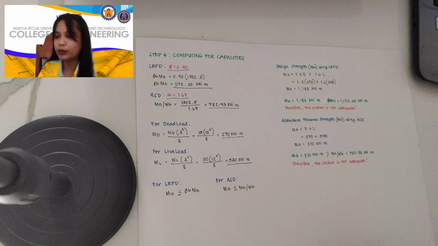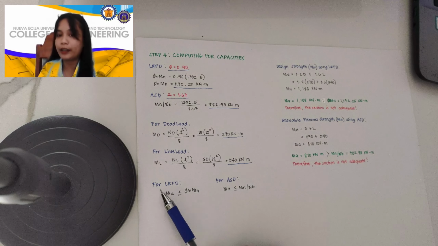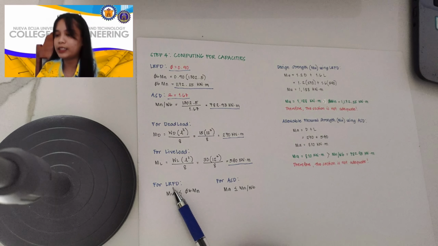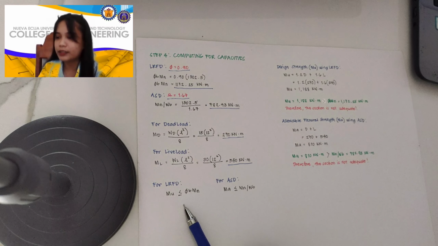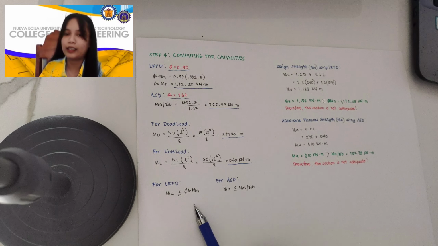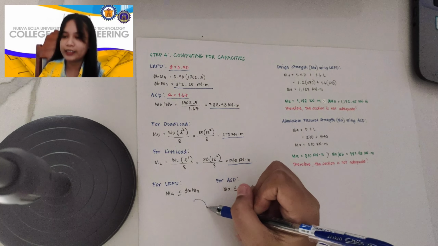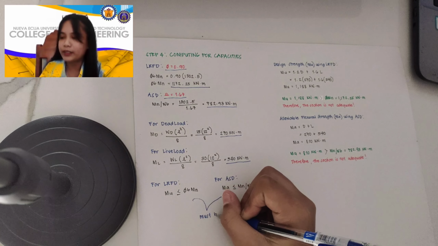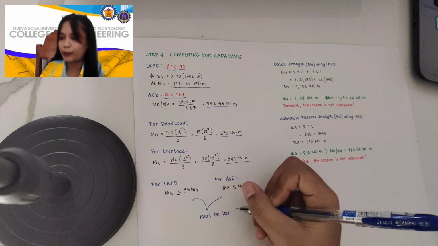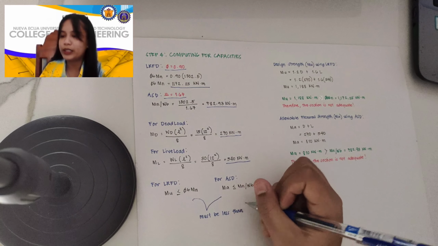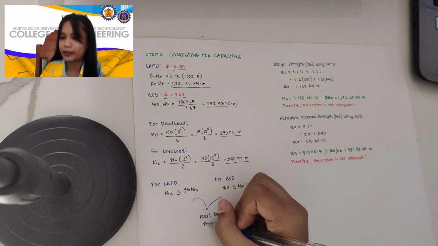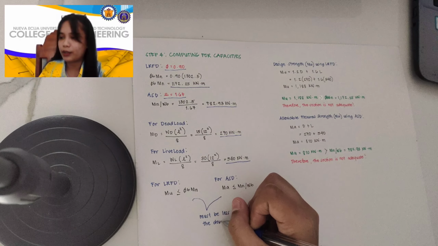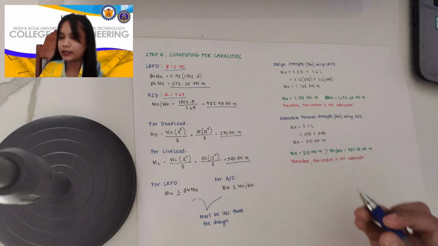Based on the code for LRFD, design strength must be less than or equal to our capacity. For ASD, our applied moment must be less than or equal to the allowable flexural strength capacity. So let's compute our design strength.